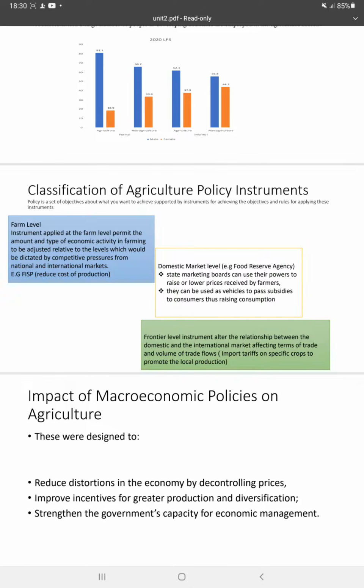So basically, a set of objectives about what you want to achieve, supported by instruments for achieving the objectives and the rules for applying these instruments is what is called a policy.